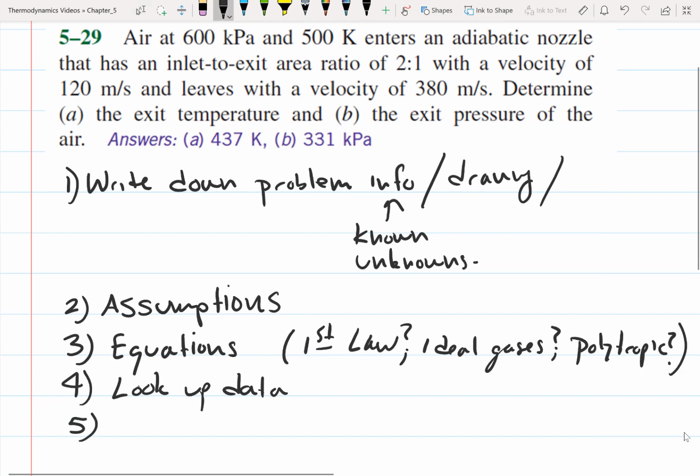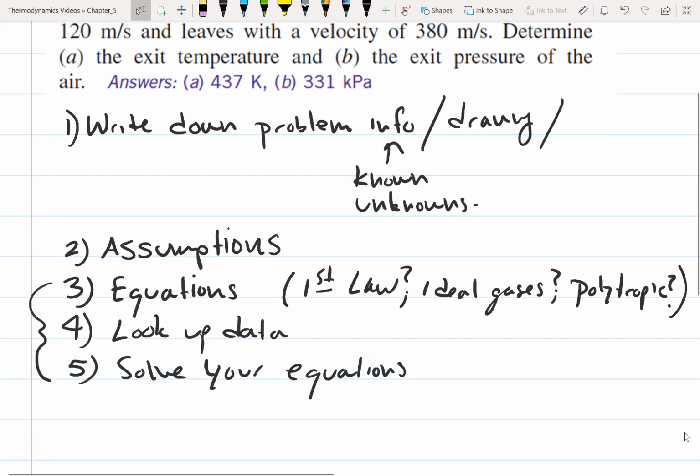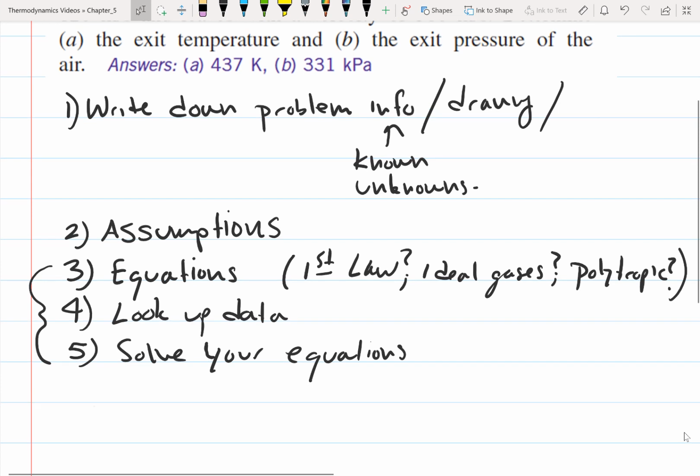The fifth step is to solve your equations. I kind of mix these last three up a teeny bit, because sometimes I'll write down an equation and I won't find a second equation that I need until I'm working through it.